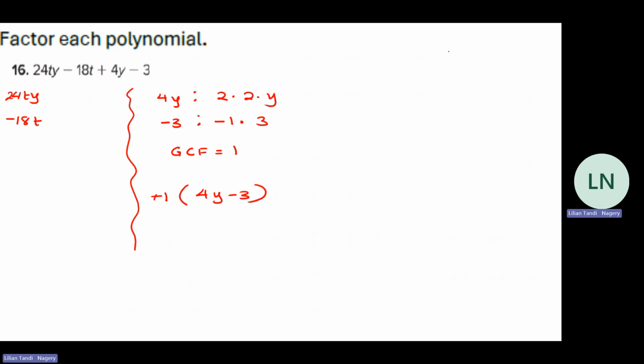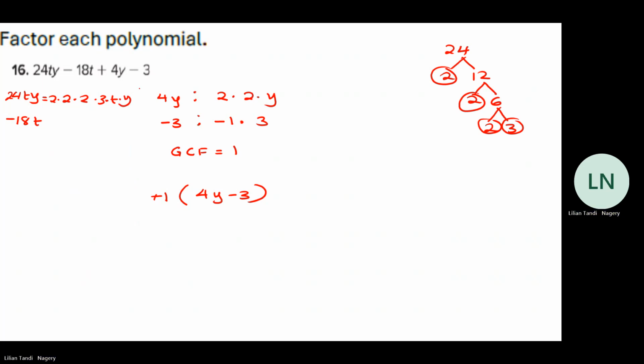Now let's do 24. 24, you break it down. 2 with 12, 2 with 6, 2 with 3. So you will get 2 times 2 times 2 times 3 times t times y.